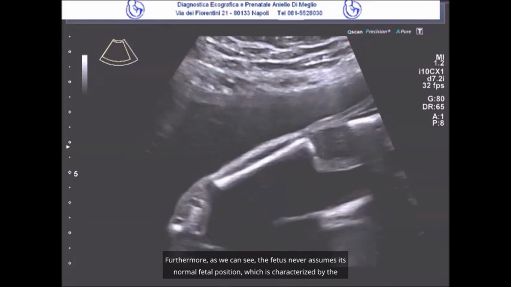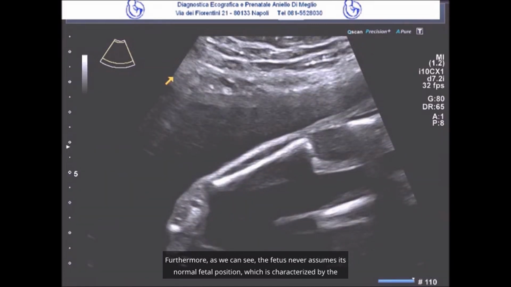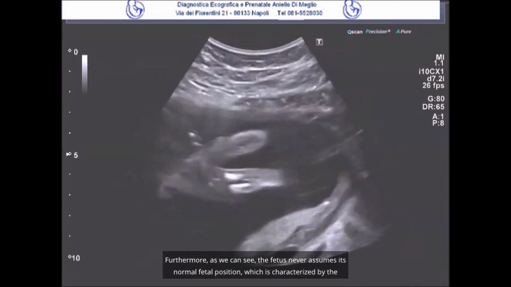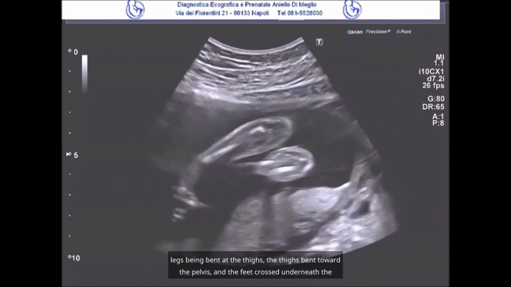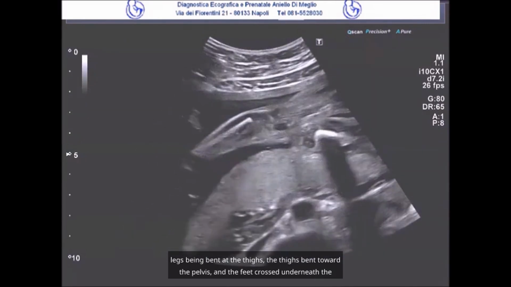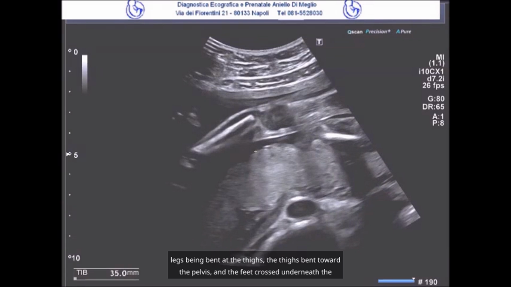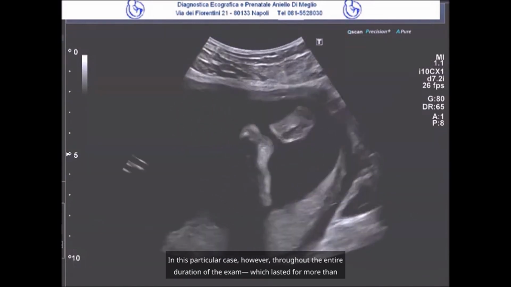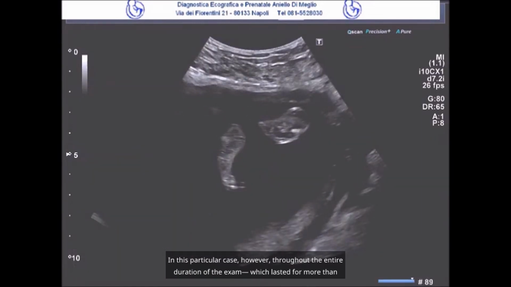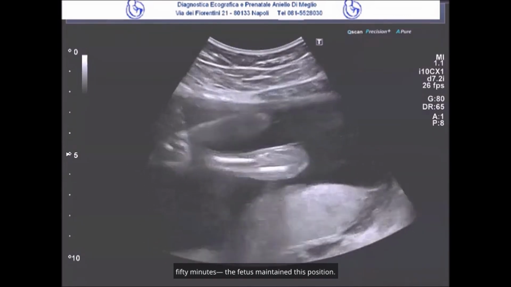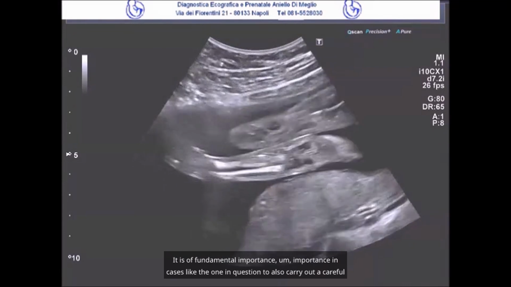Furthermore, as we can see, the fetus never assumes its normal fetal position, which is characterized by the legs bent toward the pelvis, and the feet crossed underneath the buttocks. In this particular case, however, throughout the entire duration of the exam, which lasted for more than 50 minutes, the fetus maintained this position.